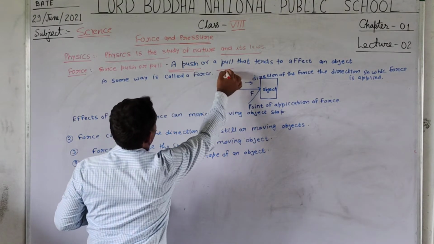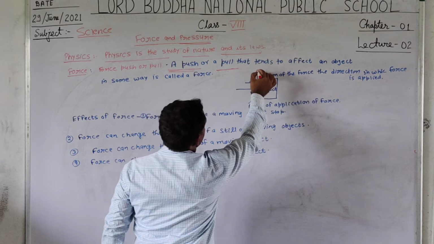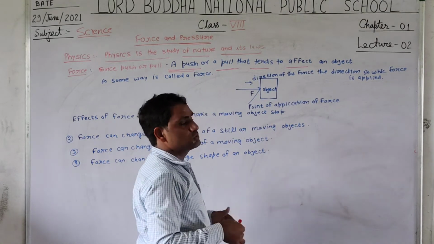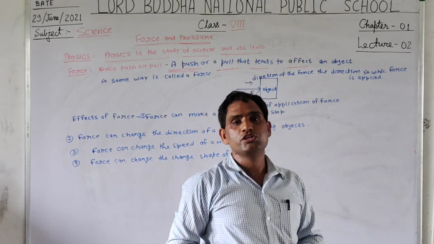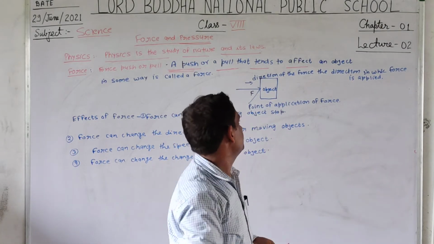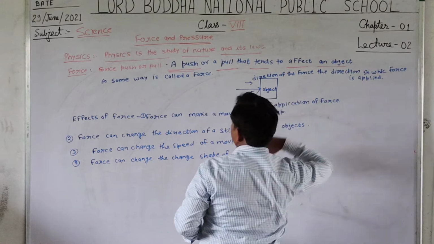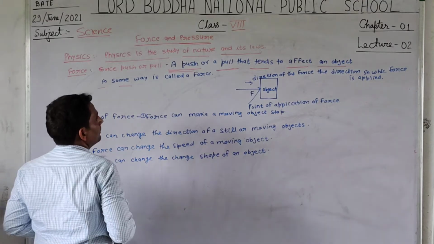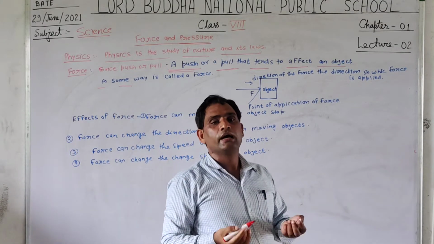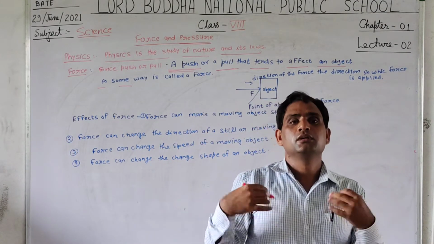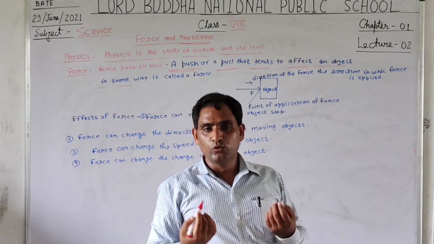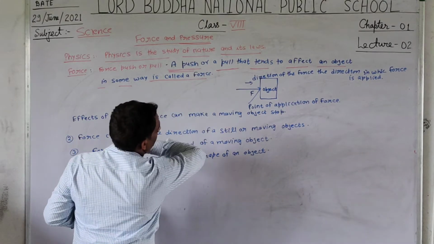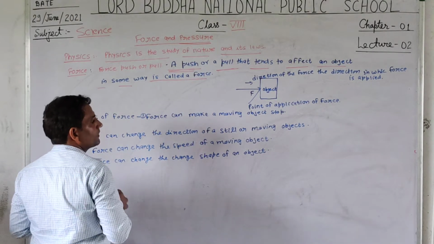A push or a pull that tends to affect, meaning to make a change in the position of the object in some way. Some means here by pulling, pushing, or hitting. It's called a force. Okay?